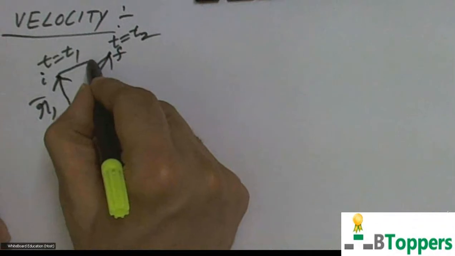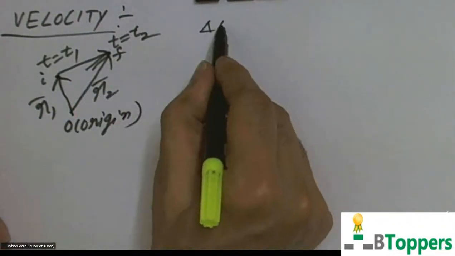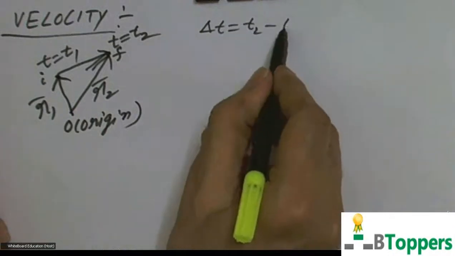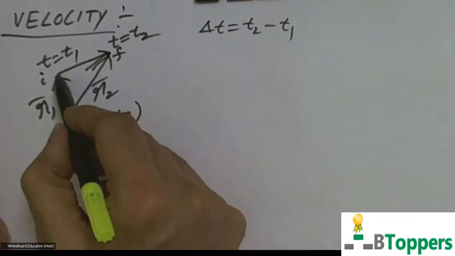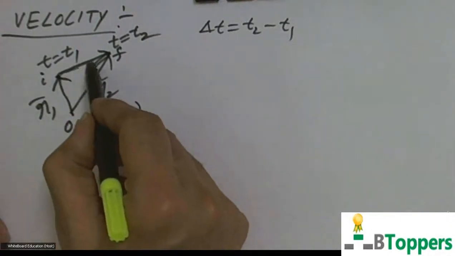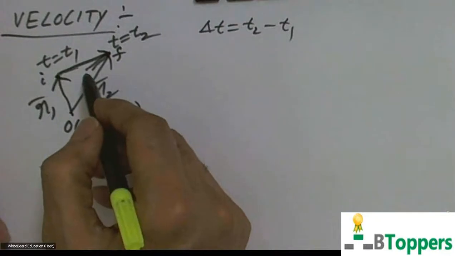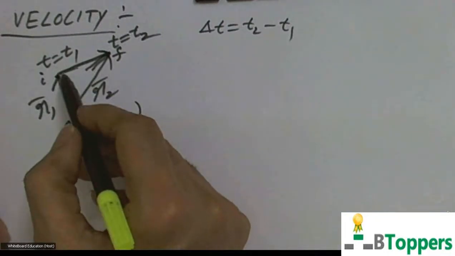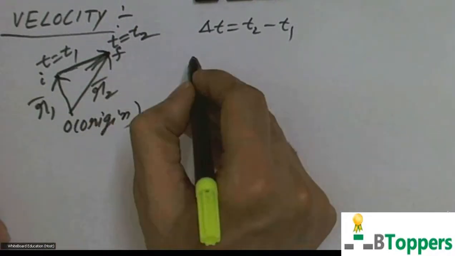So the magnitude of the displacement of the particle during the time interval delta t equal to t2 minus t1 is equal to the length of the straight line joining the initial and final positions. Direction of the displacement of the particle is from initial position to final position.